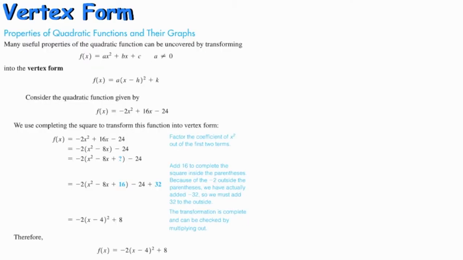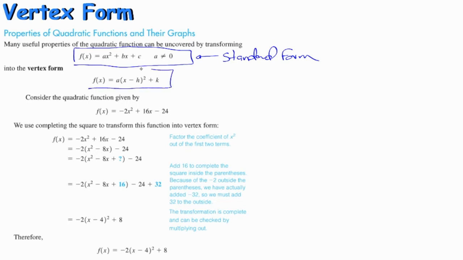Next, we will discuss the vertex form of a quadratic function. On the previous slide, we saw that this is standard form. So that's f of x equals ax squared plus bx plus c. And now we would like to get vertex form.